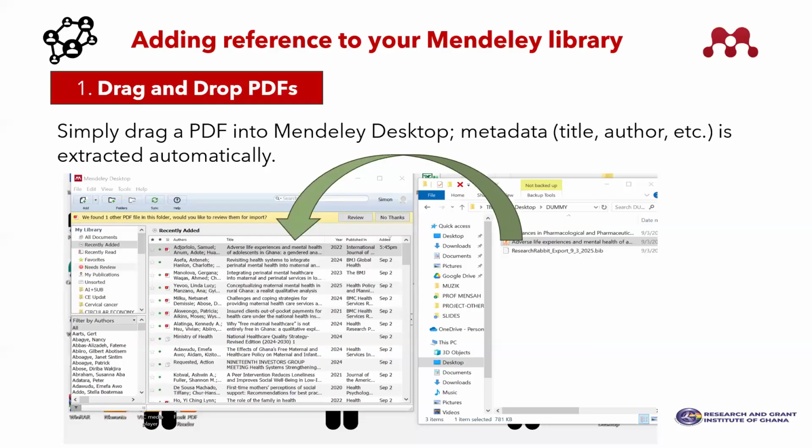So you can download some PDFs of, let's say, a research work on your computer. Then you just copy and drop it, or you can drag and drop it. So here you can copy. When you open Mendeley, you just drop it. I'm not able to give that interactive feature here.